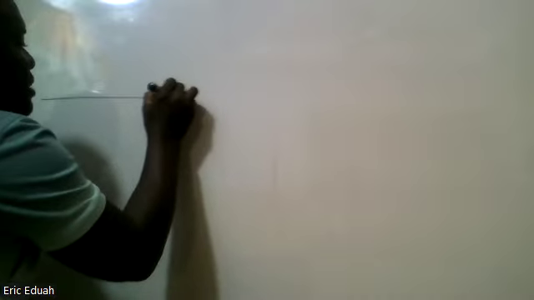A ray of light falls on a glass plate of refractive index 1.5. Excuse me. So we have a glass plate. Let's use this as the boundary.